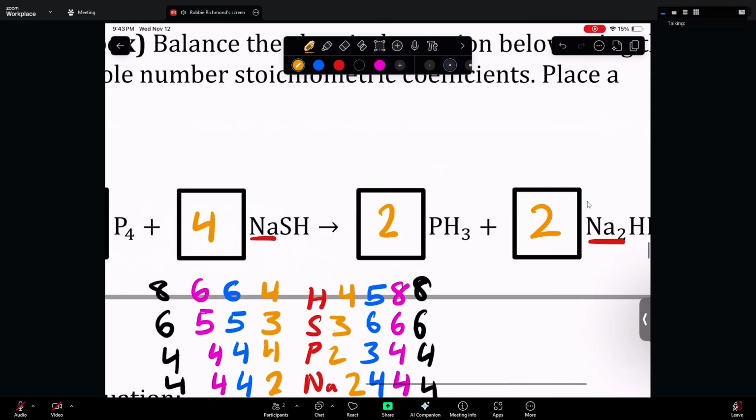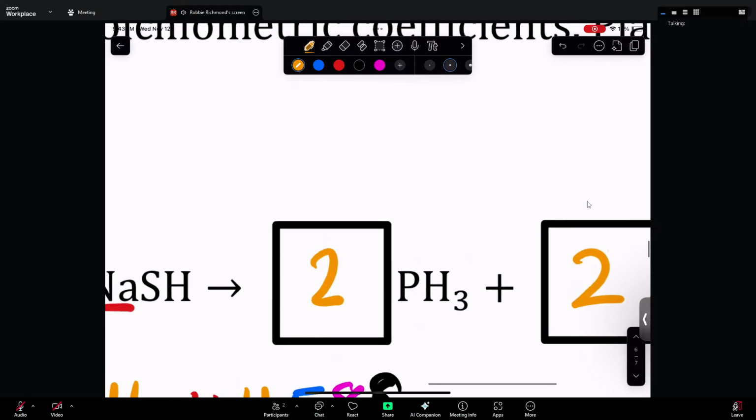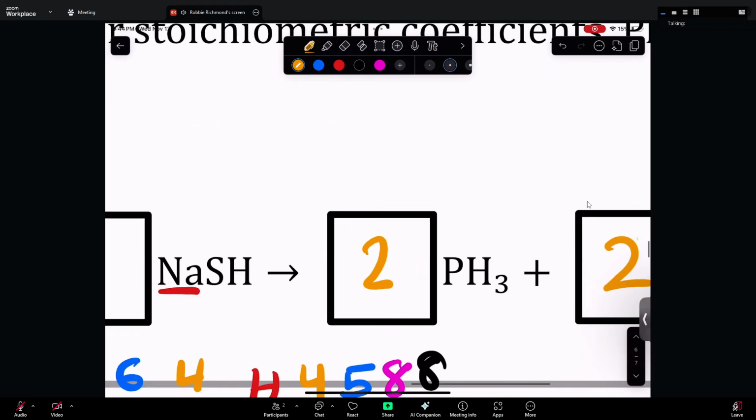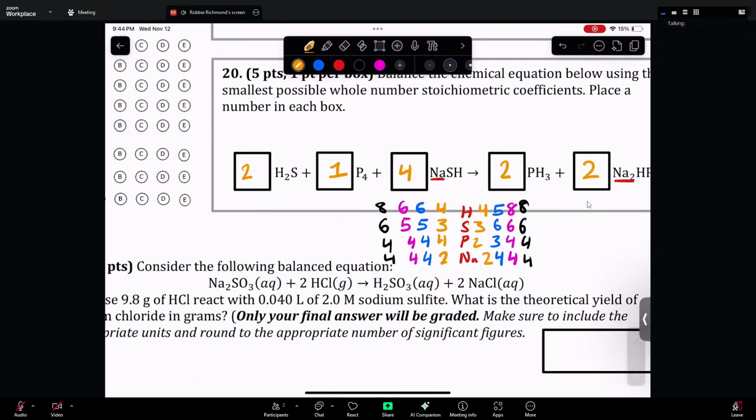If I went back and had that 2 with the sodium and 1 with here, and then I saw that, oh, maybe I can add a 3 to balance out the phosphorus, we would go down a rabbit hole that would take a while to get out of. But since we did it incrementally, one by one, and took our time with it and broke down all the amounts of each element, we slowly yet surely got to our solution.